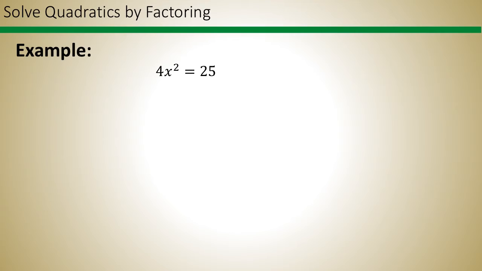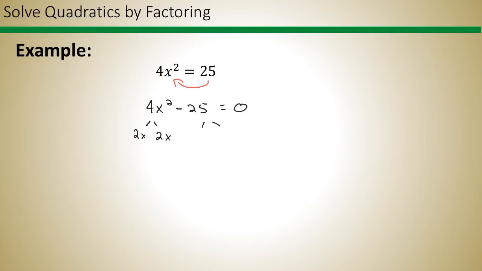Okay, here's another one. So we want to have 0 on one side of our equation. So what we're going to do is we're going to subtract this thing to that side, and that's going to create this equation, 4x squared minus 25 is equal to 0, okay? So we don't have a common factor, but notice that this is a difference of squares. So this one is going to break apart as 2x and 2x.